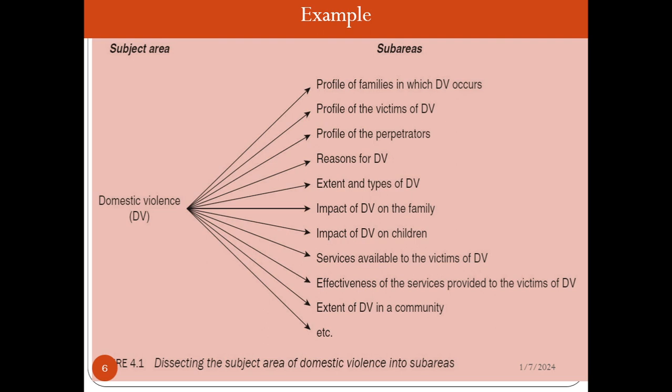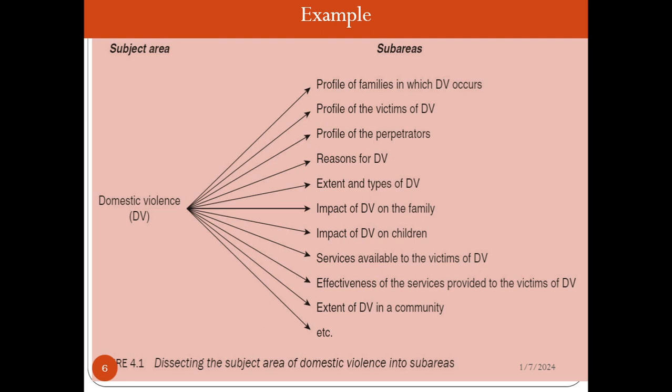So see, we have got many aspects, many dimensions. Now it is not really possible, and it is not feasible, to start carrying out an investigation on domestic violence unless you are dissecting domestic violence into its smaller sub areas.